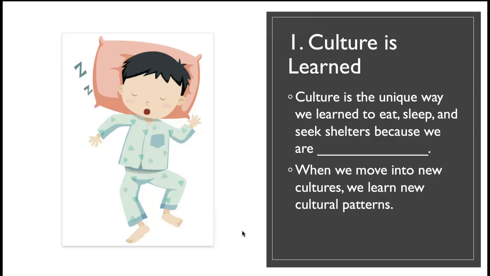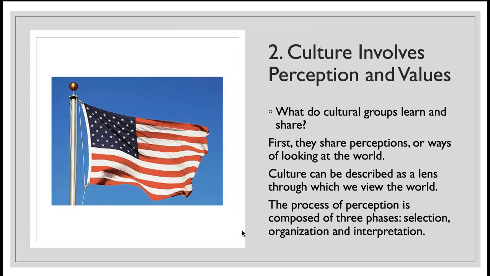So culture is the unique way we learn to eat, sleep, and seek shelter because we are part of the community that raised us. And when we move into new cultures, we learn new cultural patterns.